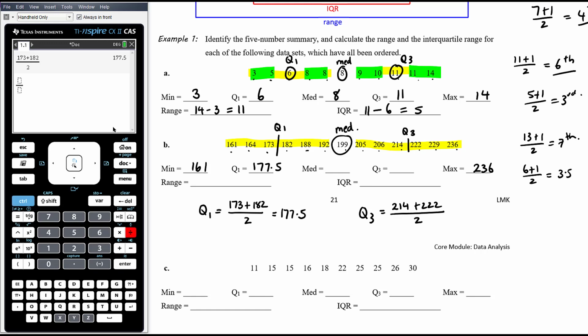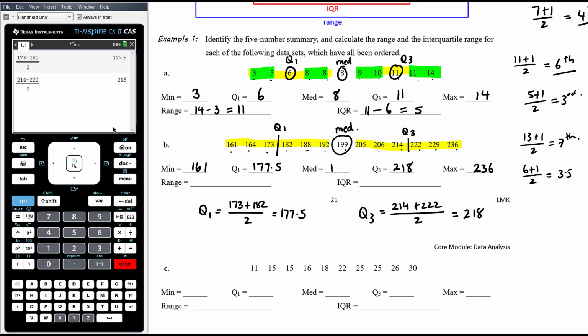Again, if you can work that out in your head, not so much adding and dividing by 2, but where's halfway between 214 and 222, that's absolutely fine. Many of you will have been able to do that and say, well, from 214 to 222, that's 8 values, so halfway between, I just need to add 4 on to 214. But if you can't do that and don't see that, that's fine.